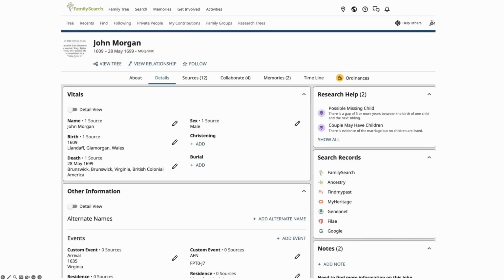So let's look at John Morgan here. We've got 2 dates for his birth, and he was born in Llandaff, Glamorgan in Wales. That's interesting. Morgan is probably, and I'll mention this again, like Jones and like Brown and like Smith and other names that everybody has.